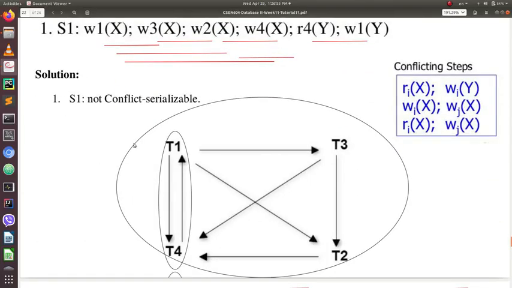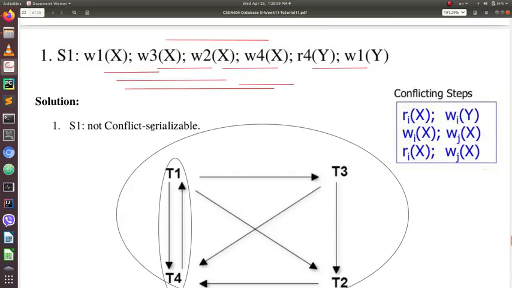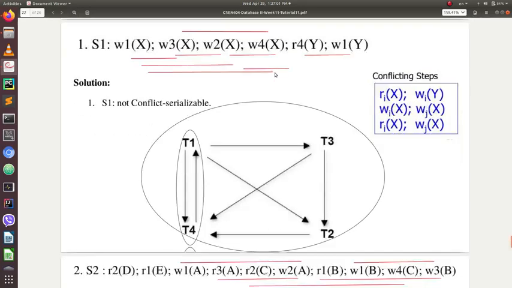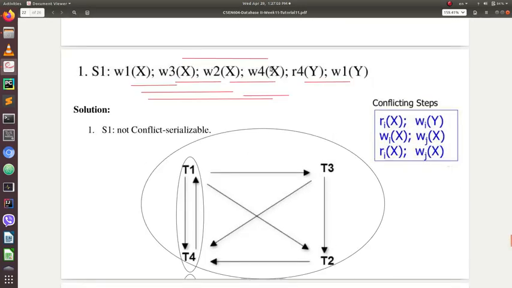Okay, as we said many times before, don't forget to write down the conflict steps aside before starting solving the problem.